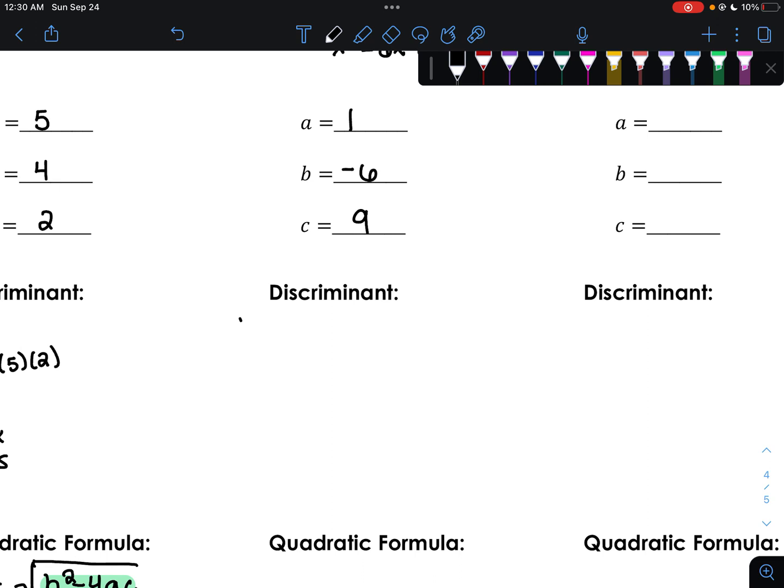We go to our discriminant formula, which is b squared minus 4ac. We're going to plug in our numbers, making sure that we plug that negative 6 in parentheses squared on the outside, minus 4 times 1 times 9. We type that into our handy dandy calculator, and that gives us 0 as the discriminant, which means we will have one real solution.